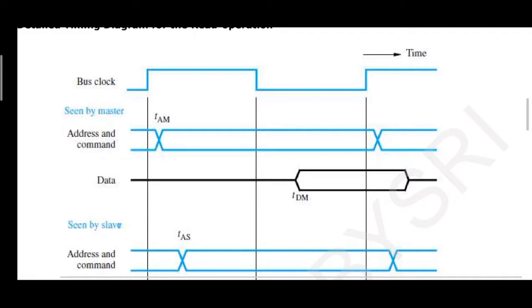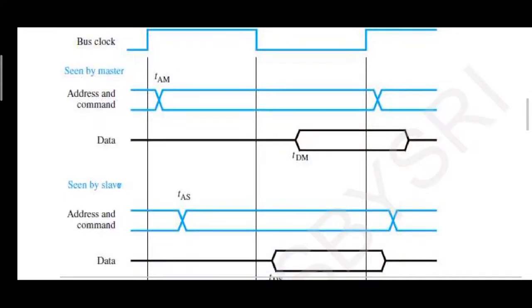A small delay you can observe, which is ignorable. Address and command exchange is done over the entire cycle, as we discussed previously. After that, data exchange is initiated by the sender, but again a small delay you can see.